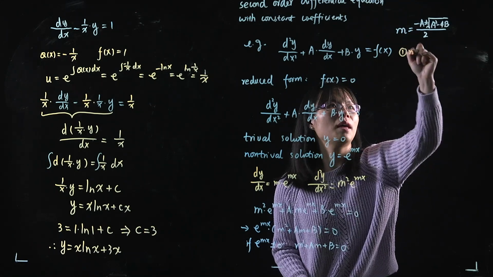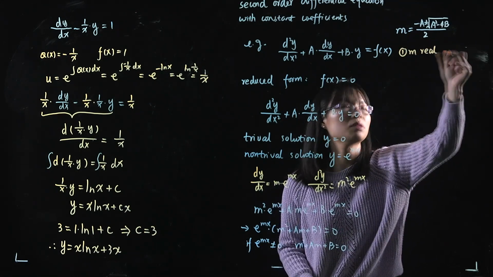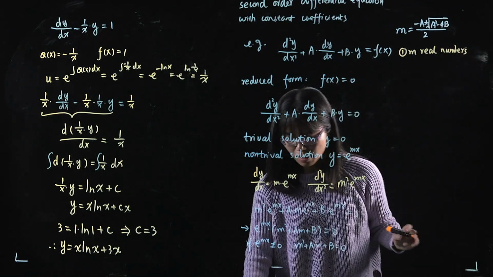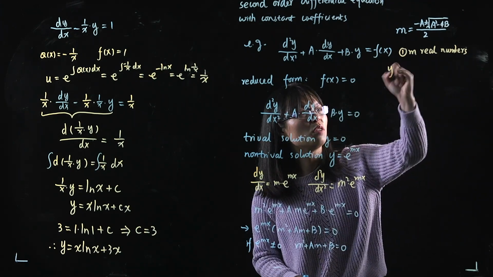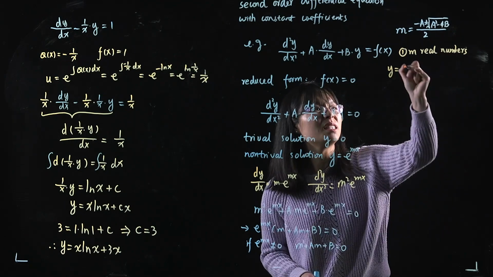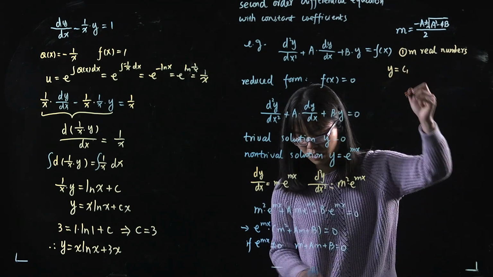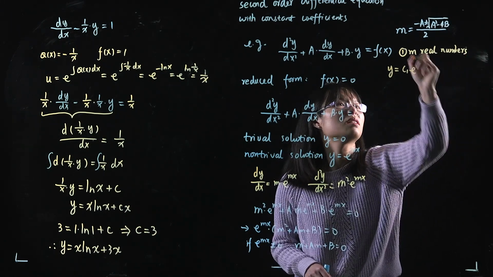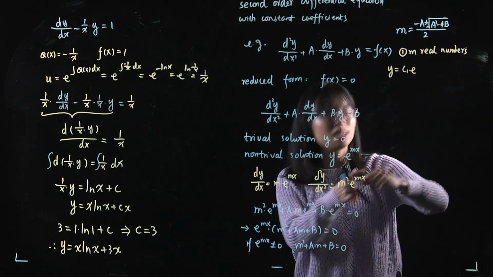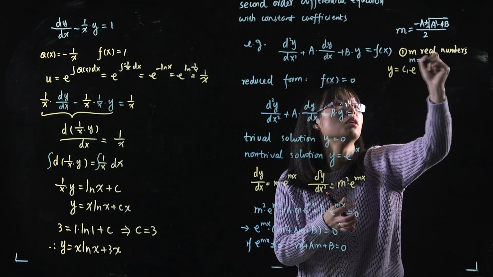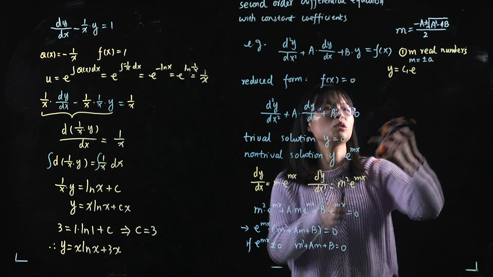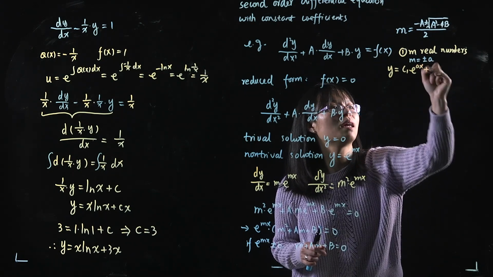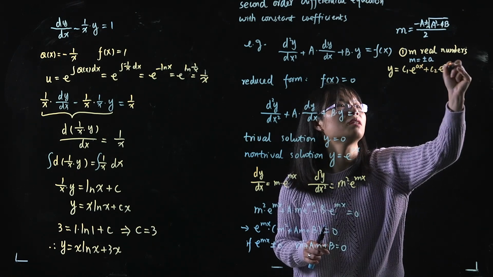First of all, if m has real roots, so all the roots are real numbers, then the solution for y would be c1 times e to the... if m equals plus and minus a, then the final solution is going to be c1 times exponential ax plus c2 times e^(minus ax).